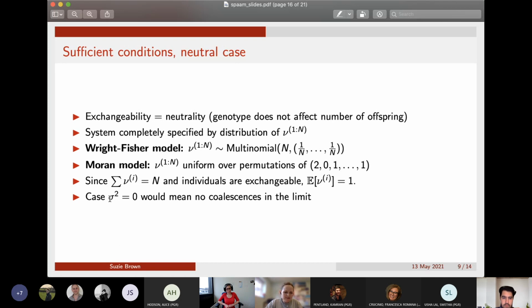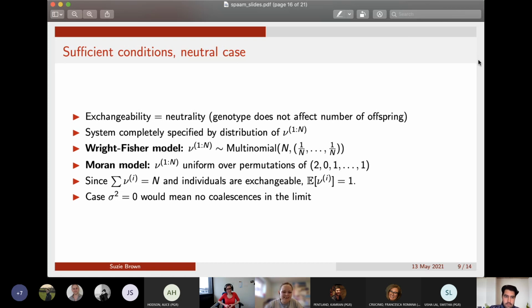Which means that if we took sigma squared equals 0, the case that was excluded, then we would have no variance, which would mean almost surely every individual has exactly 1 offspring, which would mean that we never get any lineages coalescing. So this would give us a trivial limit where all the lineages stay separate forever, which is essentially why it's ruled out, because it's not very interesting and it's just a bit of a nightmare.